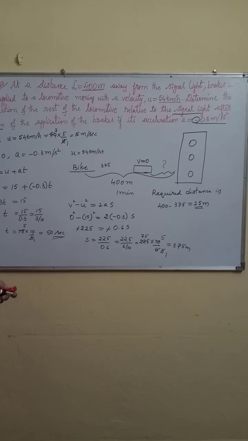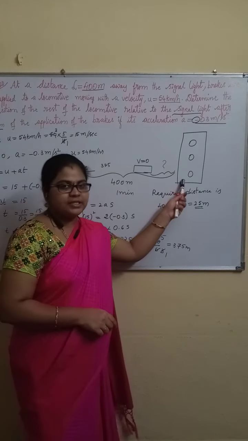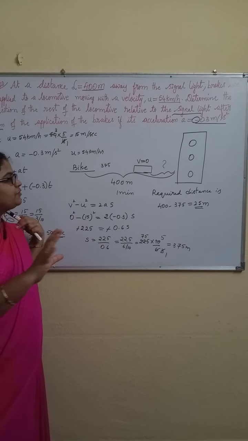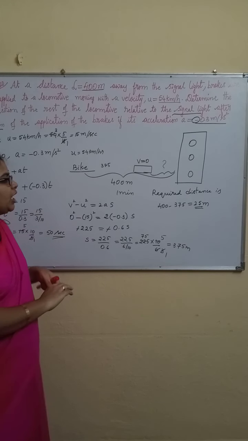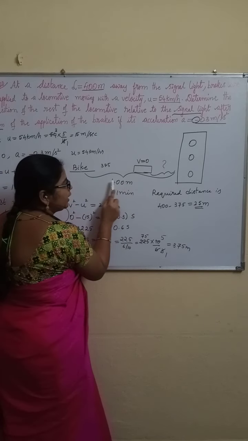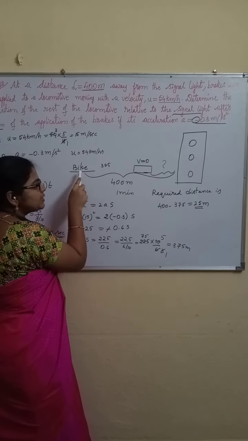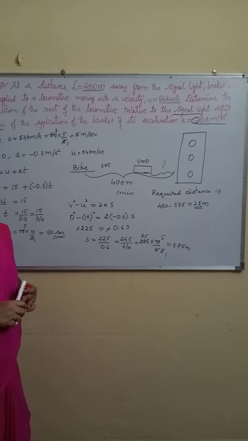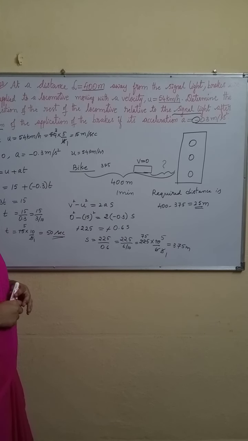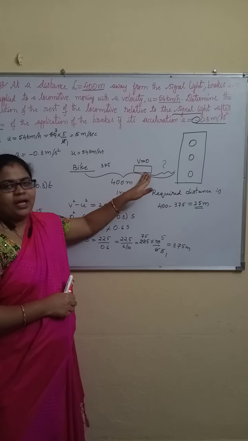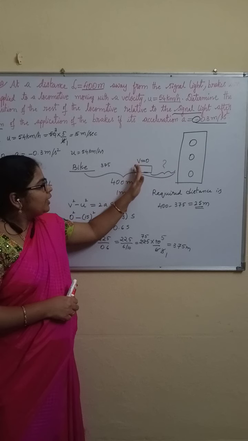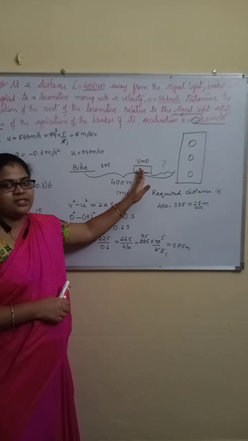Clear? One more time. This is the traffic signal. This is the locomotive. It is coming with some speed, that is 54 km per hour. Between these two, 400 meters is there, and to reach from here to here, the locomotive requires 1 minute of time. Now, exactly, it won't stop at the signal, right? So it came to rest position at this distance.